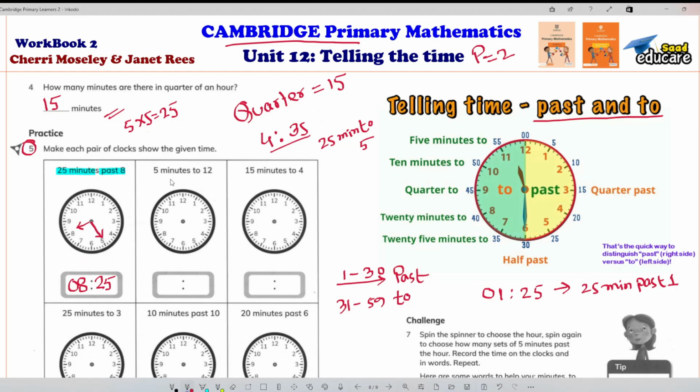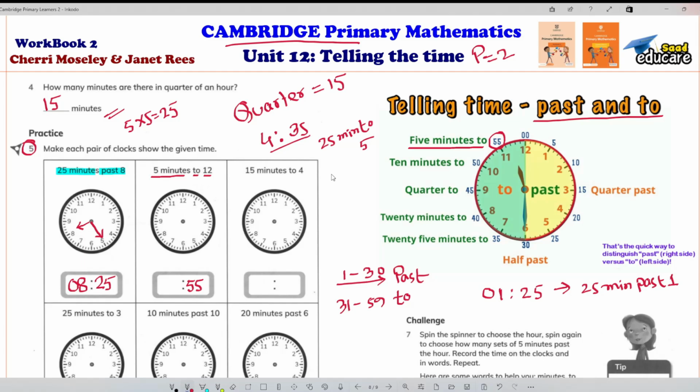Okay, now here it mentions 5 minutes to 12. Look at the clock. Here it is mentioned 5 minutes to something. It means the minute is 55. So 5 minutes to, it's 55.